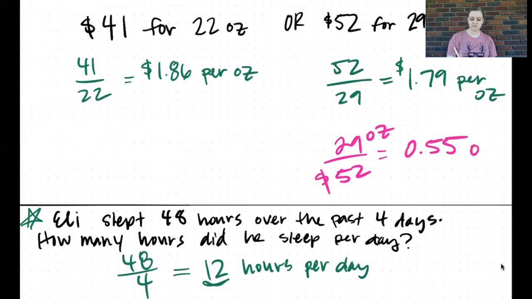So this is really 0.55 ounces per $1. If I wanted to buy $1 worth of formula, I would only get 0.55 ounces. Now that doesn't make as much sense in this context because we know that we buy it by the ounce, not by the dollar. But I just want you to keep that in mind. Be very careful that you don't switch up the order of those different parts of your ratio. All right, good luck.